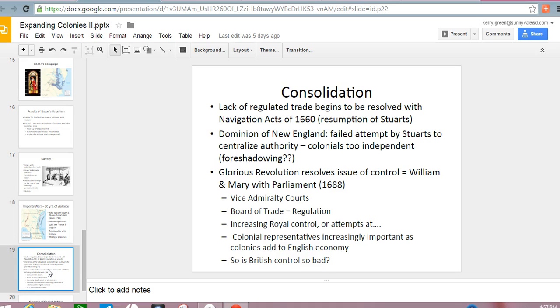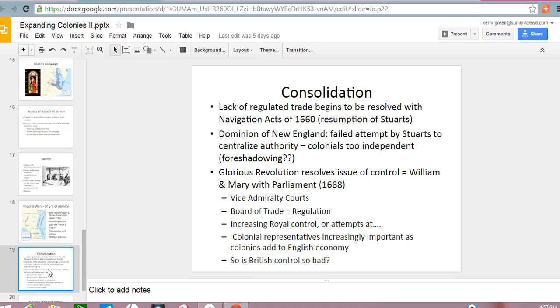In other words, the king and the queen do run things, but there's multiple layers before it even gets to them. Things like the Vice Admiralty Courts, the Board of Trade. And so they start to have some increasing royal control. But they keep getting distracted by these imperial conflicts, and so it's a work in progress.